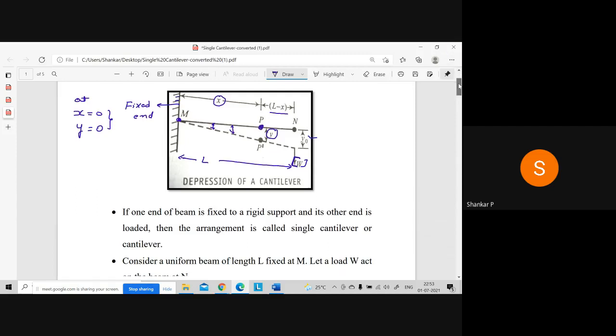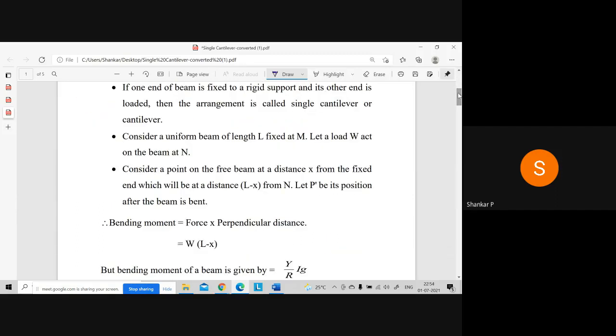Now we know that the bending moment acting on the beam is given by the general formula, force into perpendicular distance. That is the expression for moment of a force or torque.